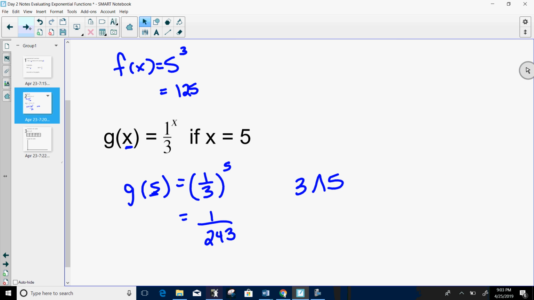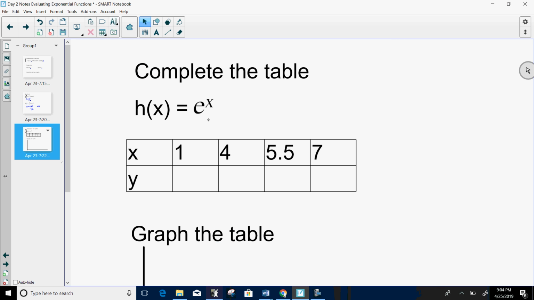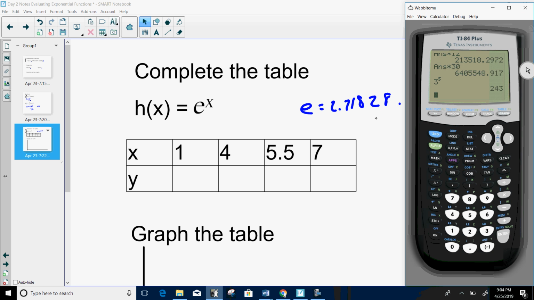Okay. The next thing we're going to do is we're going to look at what e is. e is a specific number. e is equivalent to 2.71828... There's a button on the calculator. So if you wanted to complete the table, you're going to use the calculator. If you look at the calculator, there's a button called LN.